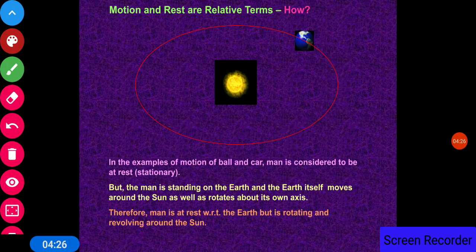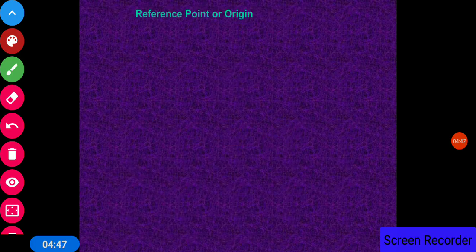So what can we say? That man is at rest with respect to the earth, but he is rotating and revolving around the sun. So motion and rest, they are relative terms. That is why we cannot say that an object is at rest without referring to some other object. So they are related with each other.